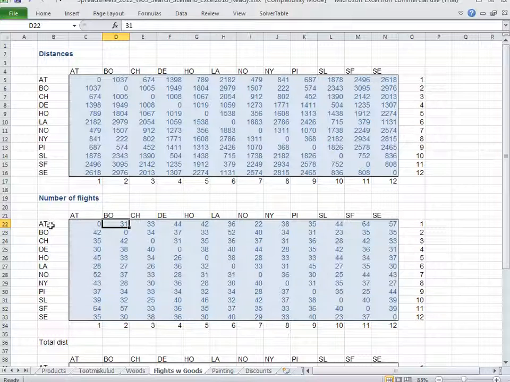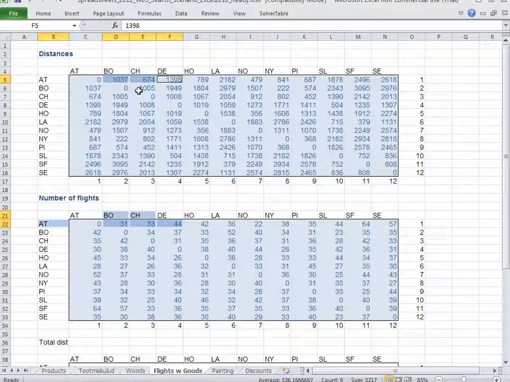If there were 31 flights from Atlanta to Boston and each flight was 1037 miles, and if there were 33 flights from Atlanta to Charlotte and each flight was 674 miles, and there were 44 flights from Atlanta to Denver and each flight was 1398 miles, then how much did the logistics company travel all in all together?